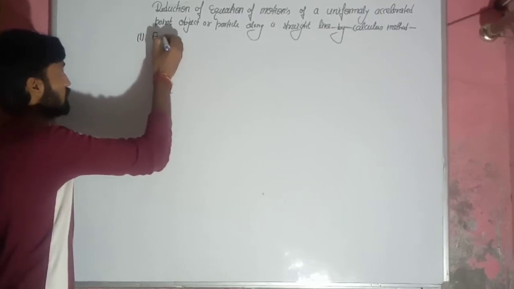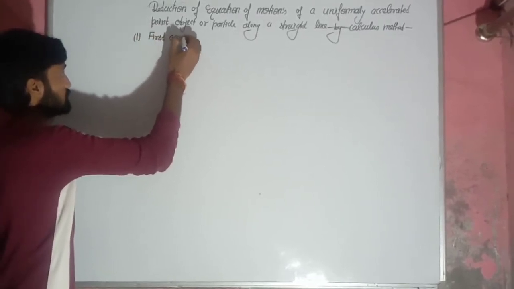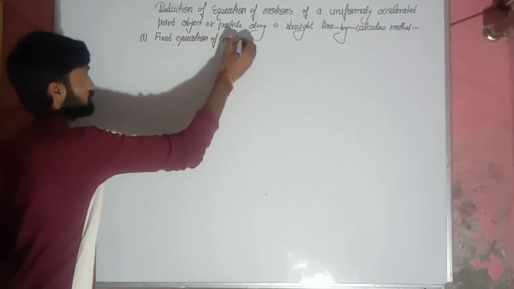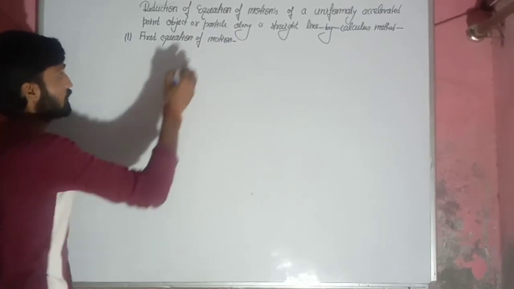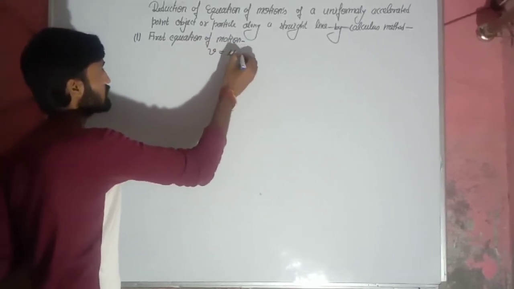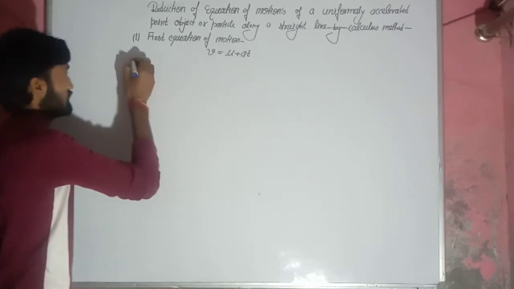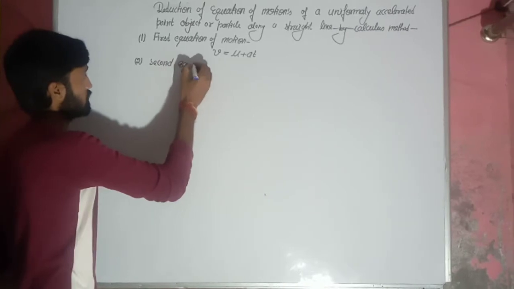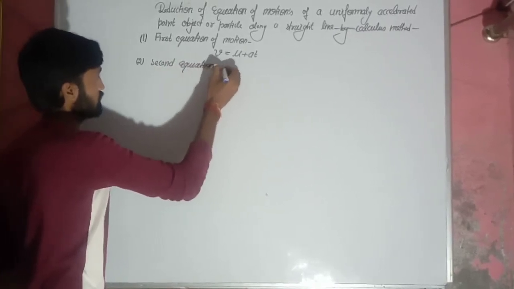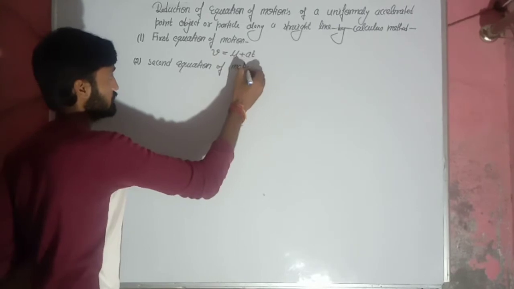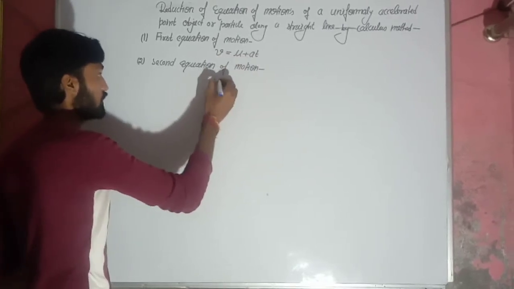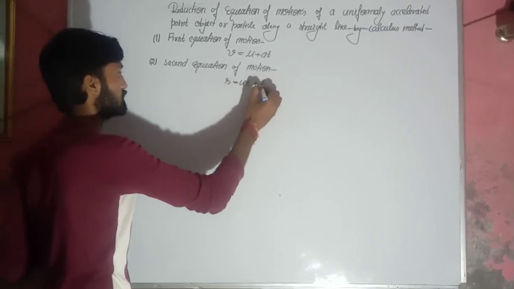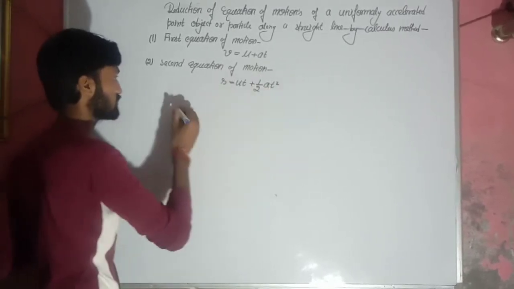First equation of motion: v equals u plus at. Second equation of motion: s equals ut plus half at square.